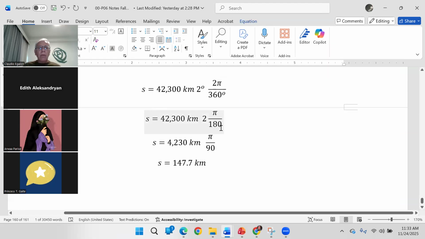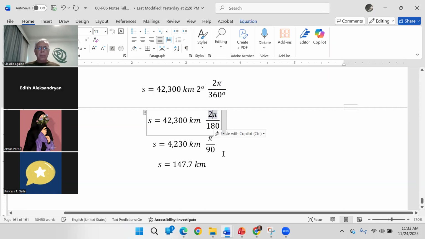2 cancels with 2. 2 degrees, 360 is 180. That's all right. And then we are left with 2 pi over 180, pi over 90. Okay, so I made a mistake here.